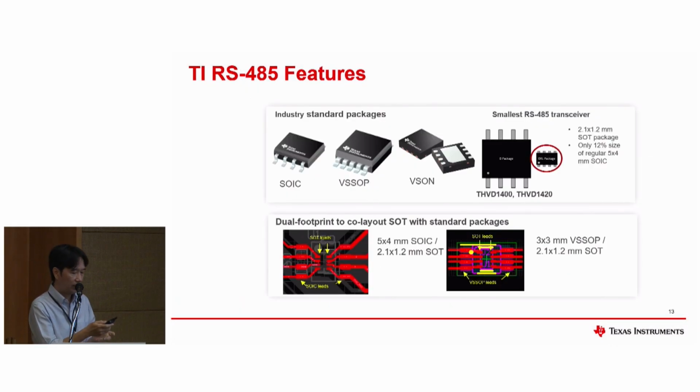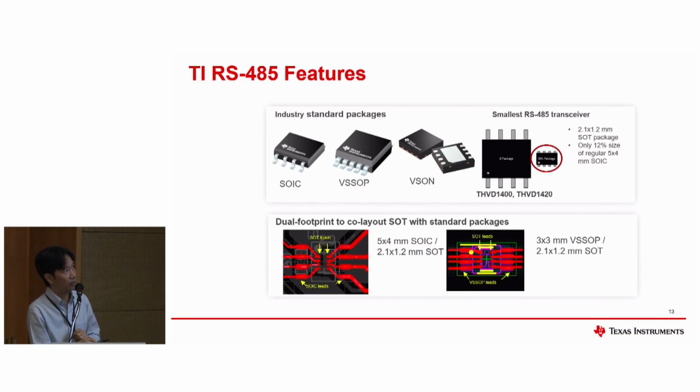The last feature of the TI RS-485 family is that, besides industrial standard packages, which means you can easily change from other non-TI parts to TI, we also offer smaller RS-485 transceivers. This is the size of the transceiver here.